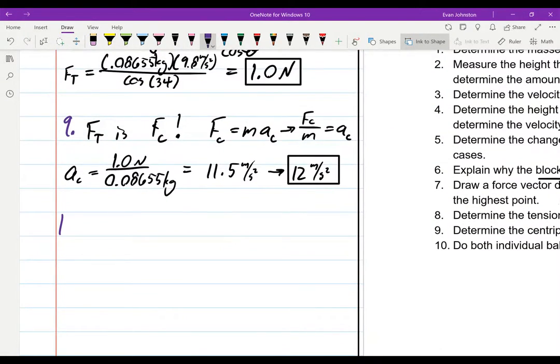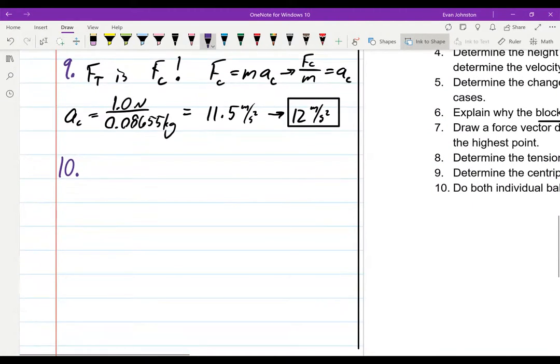Now, 10, I'm actually not even going to write for mine, but I want to still answer it. Looking at the individual ball and block system, do both individual ball and block systems obey conservation of energy? I would say that the clay ball and block do not obey conservation of energy.